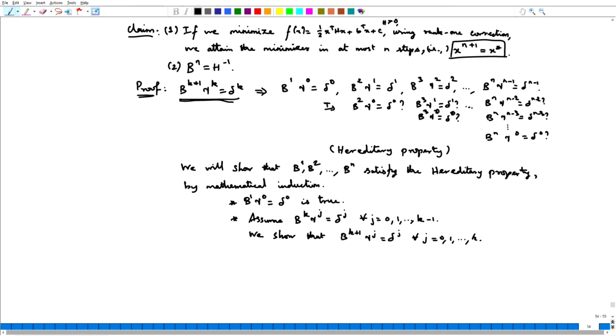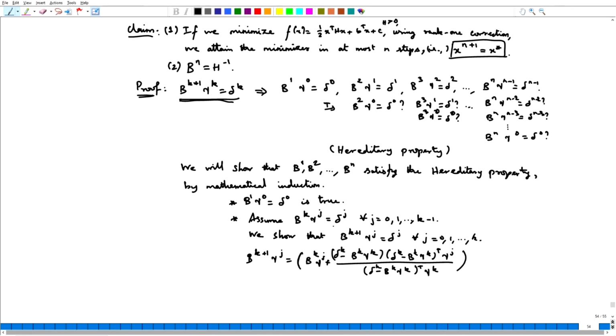So, let us check. Note that Bk plus 1 gamma j is Bk plus delta k minus Bk gamma k into delta k minus Bk gamma k transpose gamma j by delta k minus Bk gamma k transpose gamma k. Oh, I am sorry, there will be a gamma j here as well. So, it is Bk plus all of this, and you will have a gamma j outside. If I bring it inside, you will have Bk gamma j plus all of this.